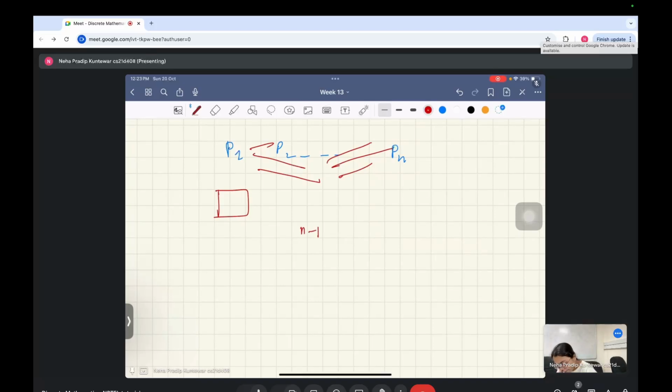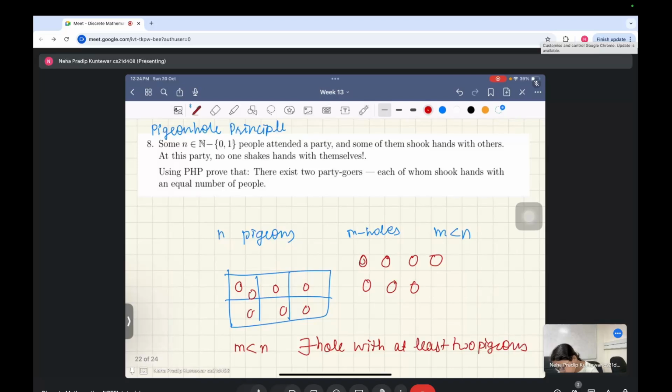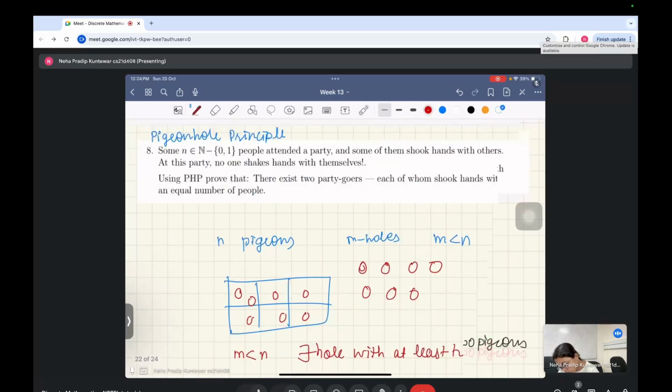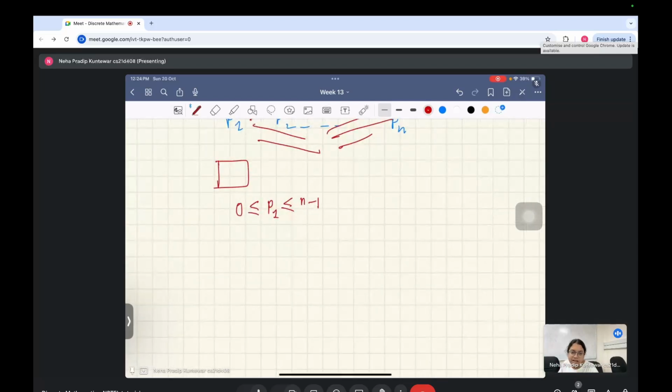And they could shake hands with nobody. Yeah, that's the condition, right? So it's possible that they don't shake hands with anybody, in which case the answer would be 0.